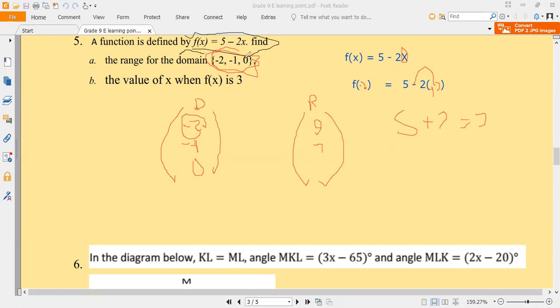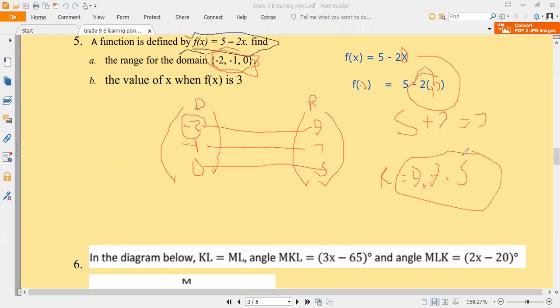Then when we have a 0, everything here cancels out, and we have a 5. So these are the corresponding values. The range is equal to 9, 7, and 5.